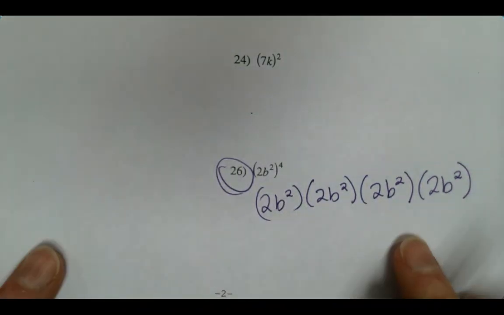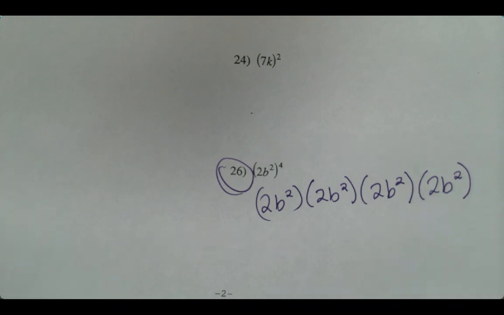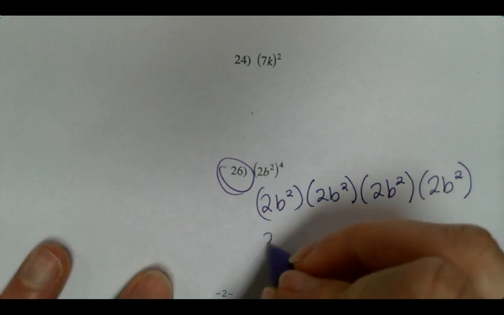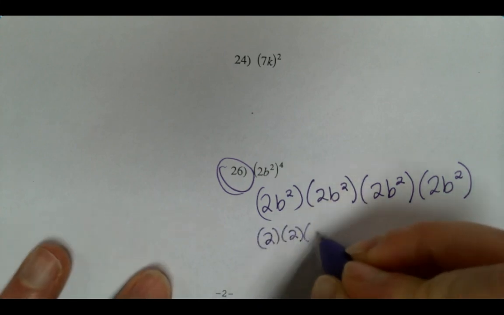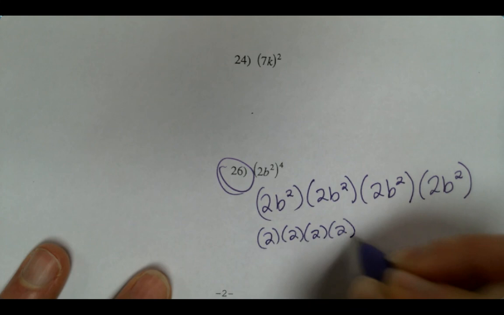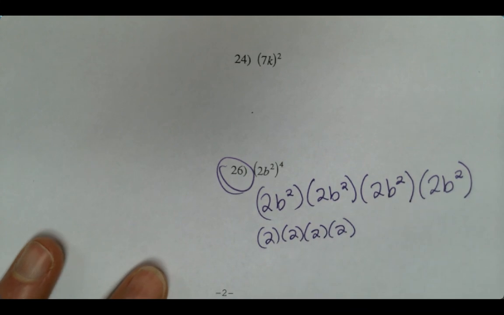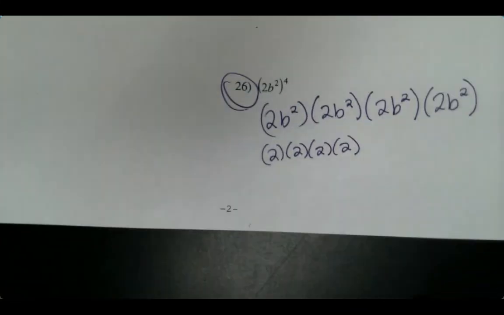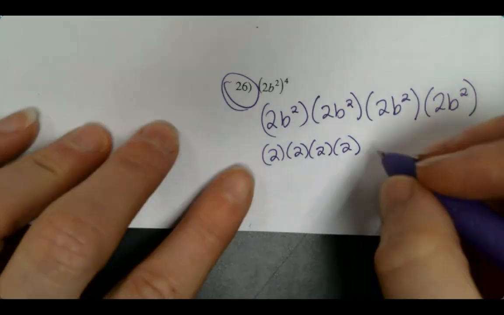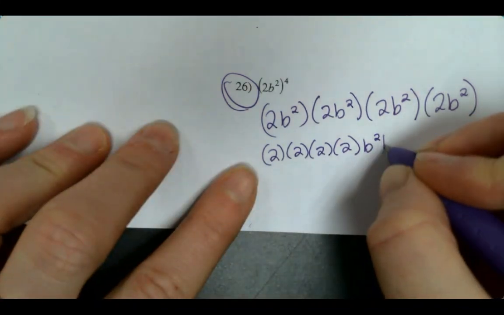Okay, so this is step 1. The next step would be to reorganize them so all your numbers are together and all your same variables are together. It'd be 2, 2, 2, and 2. 4 2s. And then 4b squareds.